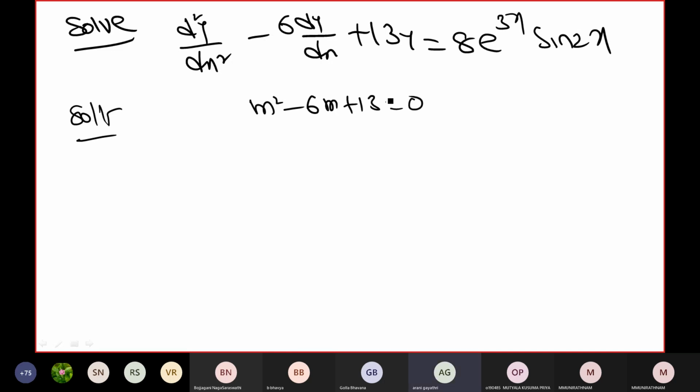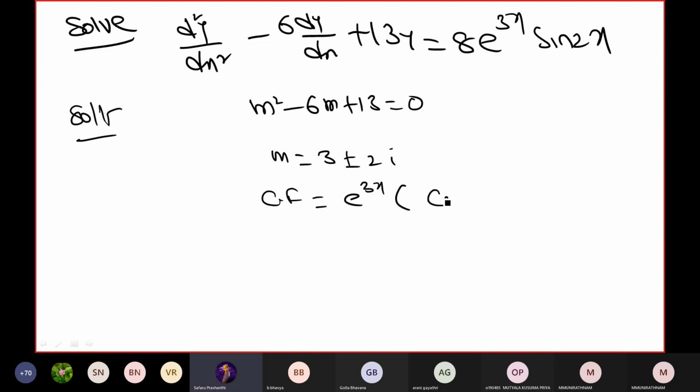So what are the roots? 3 plus or minus 2i, sir. Very good. 3 plus or minus 2i. So then what is CF now? e power 3x into C1 cos 2x plus C2 sin 2x. Very good.